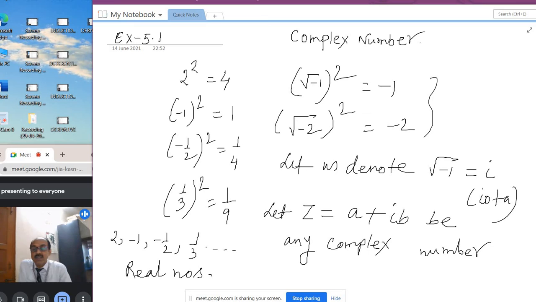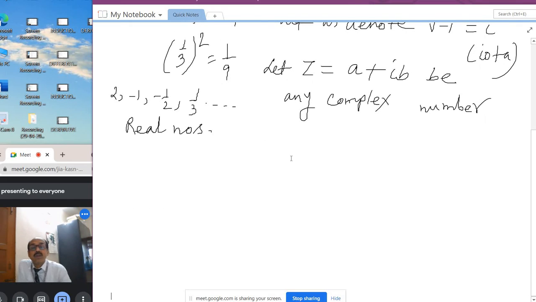So the complex number is denoted by z, where a is the real part, and b is the imaginary part, because with i is imaginary, so with ib, b is the imaginary part and a is the real part.